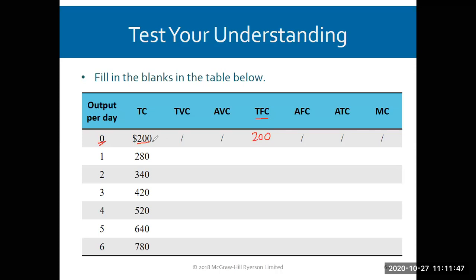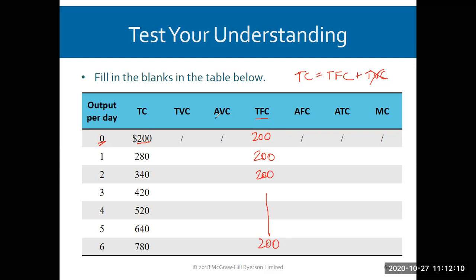So anything in the TC category is just TFC. Remember, TC is equal to TFC plus total variable costs, and total variable costs are 0. So total fixed costs must be just the same as total costs. So we put it in there, and then you go, oh, it's fixed cost. So all of these are 200.